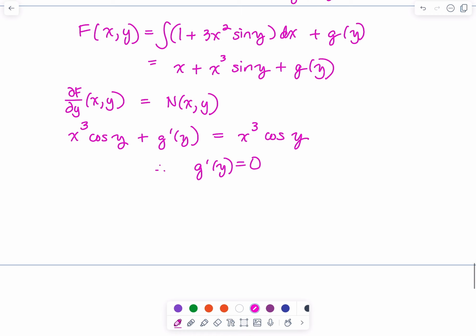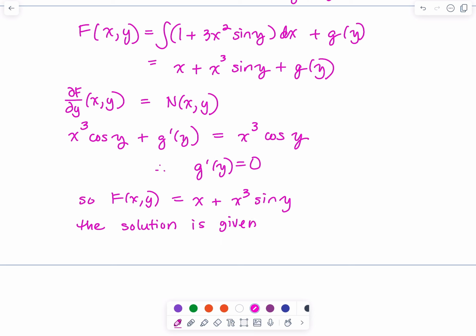So therefore, f of x, y is equal to x plus x cubed sine of y, and the solution is given implicitly by x plus x cubed sine of y is equal to c.